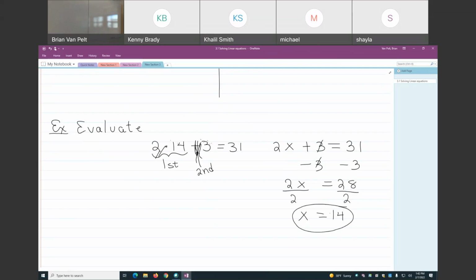Your book and some other people might say that that X is a variable. It's a false statement. A variable changes values. That's not changing value. So the correct terminology is to call this an unknown quantity. But your textbook will violate that, just so you're aware.